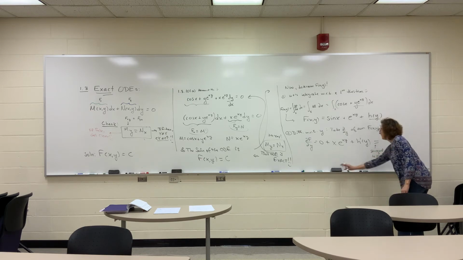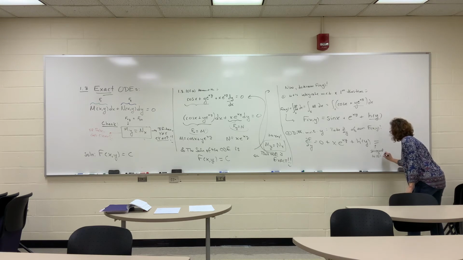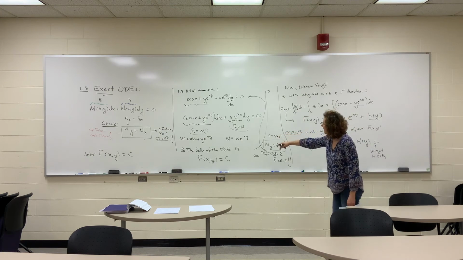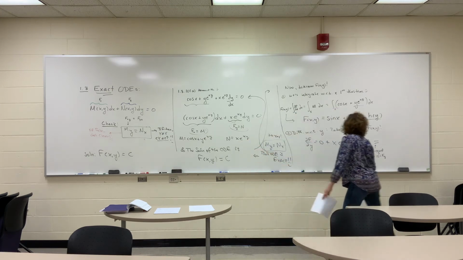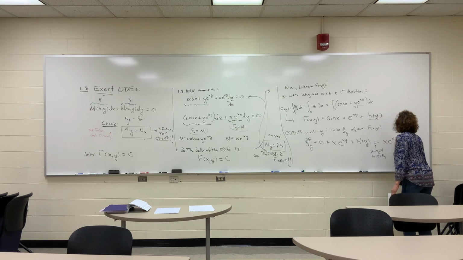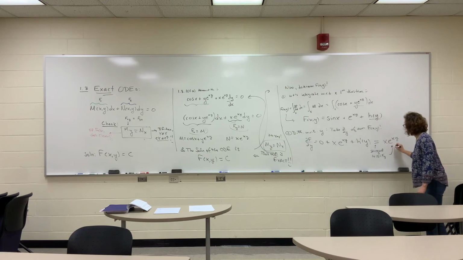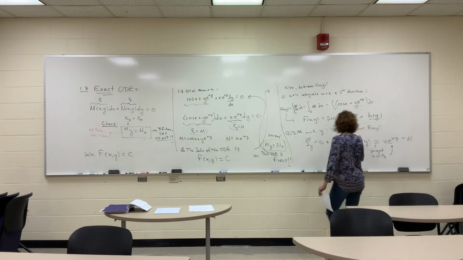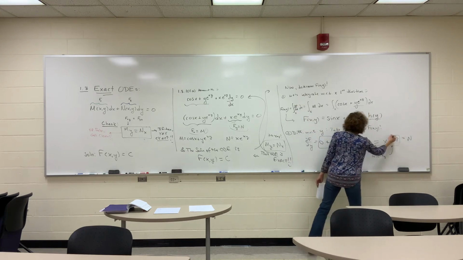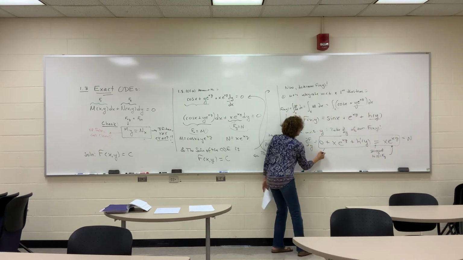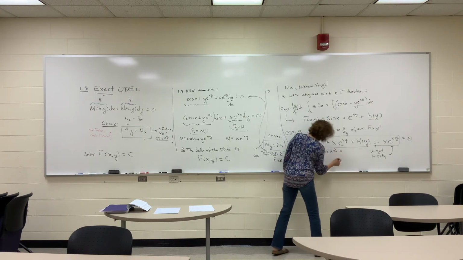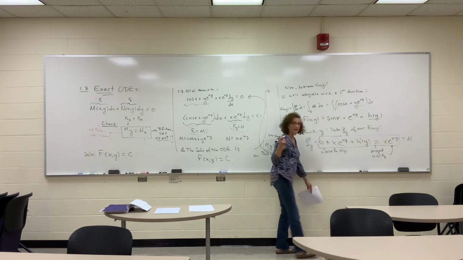Because N is f_y. It has to be f_y, right? What was N? N was x e to the xy. That's what N is, right? And so, now what? We have this equation right here to solve for h prime, and thus h.